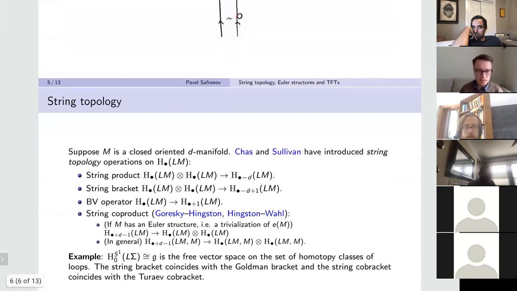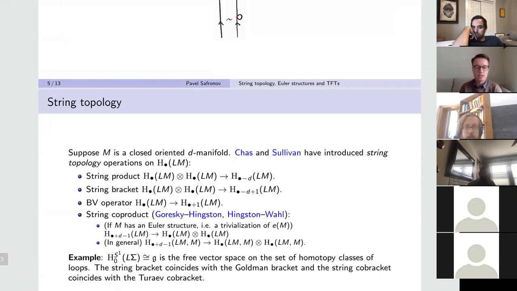And indeed, if you look at the case of a surface, so the manifold is two-dimensional, and you look at the S^1-equivariant homology of the free loop space of a surface, then this is just going to give you the same vector space as before. So the free vector space on homotopy classes of free loops in Sigma.